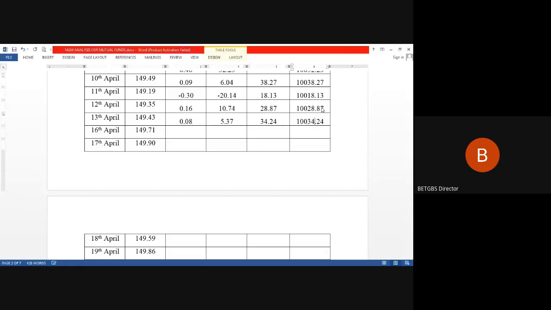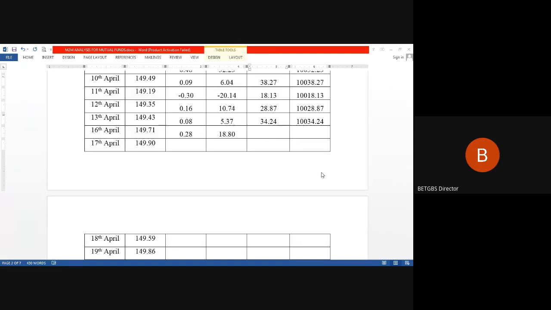Now we have to do it for 16th April. 149.71 minus 149.43, so it is 0.28 paise. This is multiplied by 67.15, so it is 18.80.